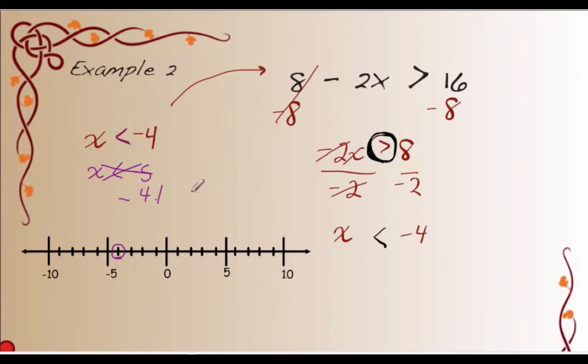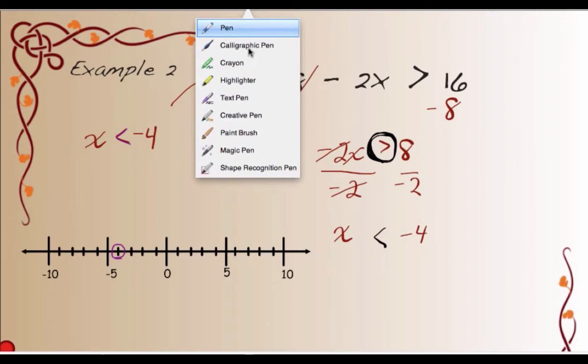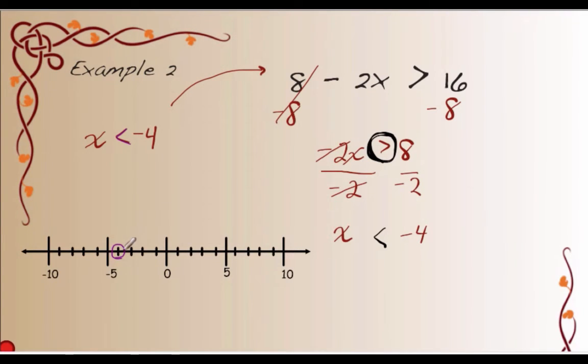And somebody would say, how about negative 4.01? And then you could keep going, negative 4.001. So they're all true. So we signify by using an open circle to say, well, this is our boundary. We can't touch negative 4, but we can touch any number less than negative 4. And that's what it would look like.